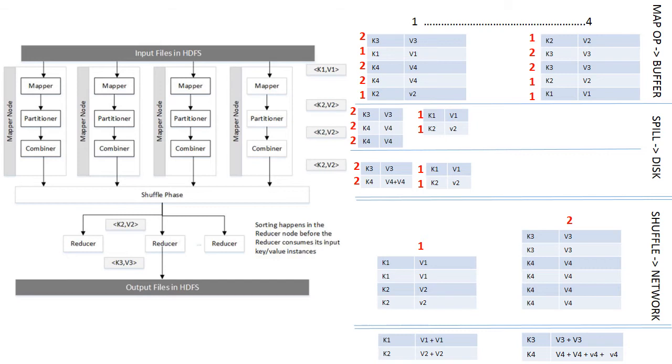K3 results in a modular output of 2, K1 results in a modular output of 1, K4 results in a modular output of 2, and so on. This function is very deterministic. Every time you apply K3, it's going to give you an output value of 2. Every time you apply K4, it's going to give an output value of 2.